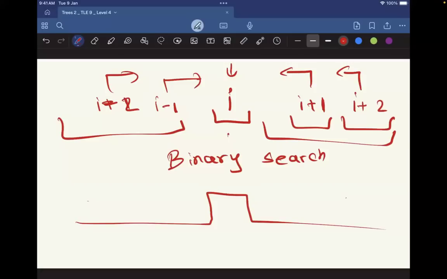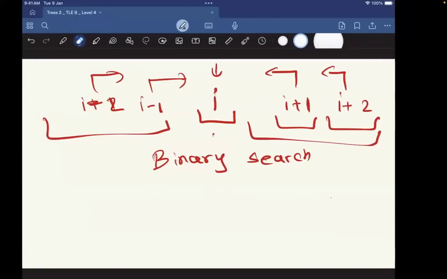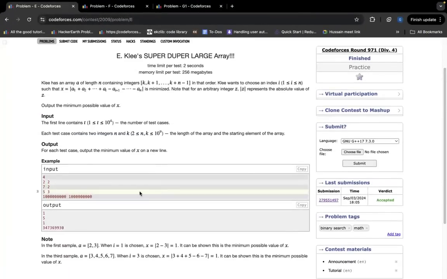So in general, sir, how to differentiate between these two types of questions? You do not need to differentiate. Here it is not obvious that you need to binary search, I will give you that. But if you look at the function that you need to minimize, the direction is clear.